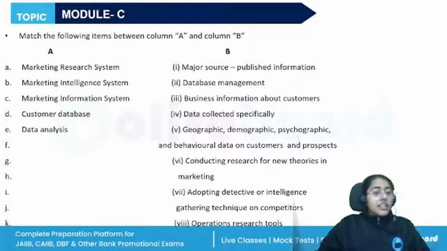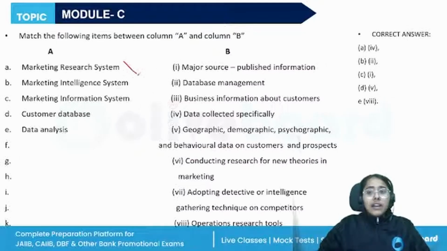We need to match it with the items given in column B. So the marketing research system, the data is collected specifically for a particular reason. We are conducting a research for a particular purpose. Then marketing intelligence system means the database management, storing the data in such a manner it can be retrieved and used by the decision makers as and when required.